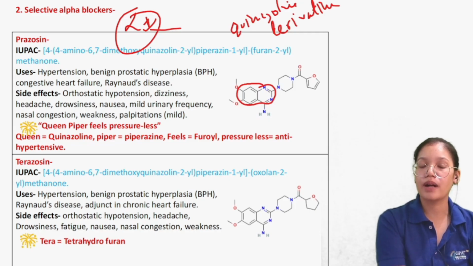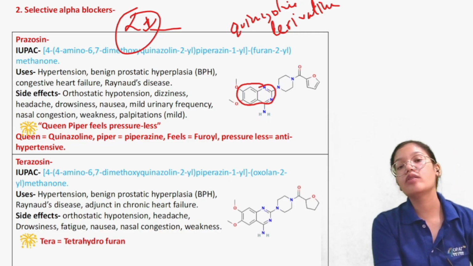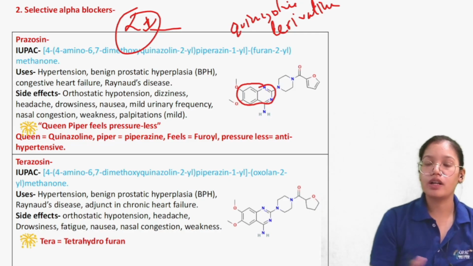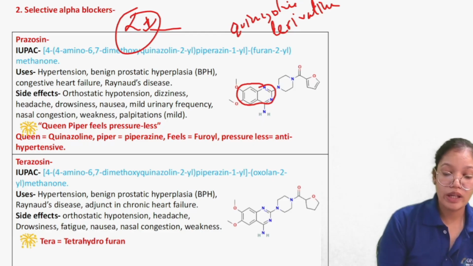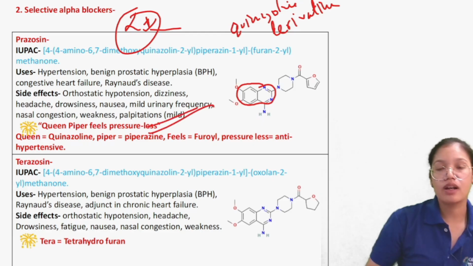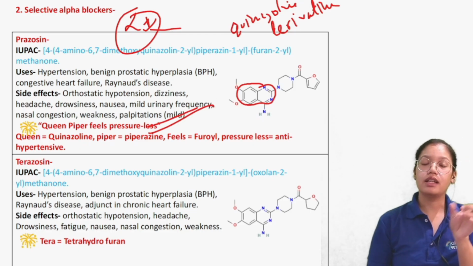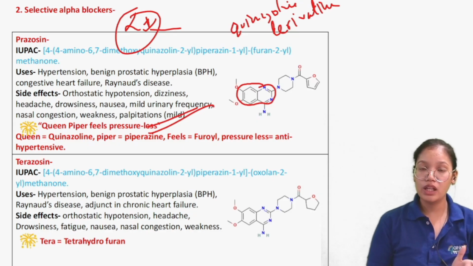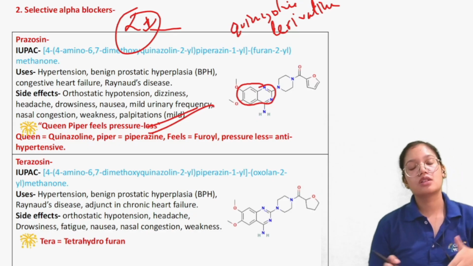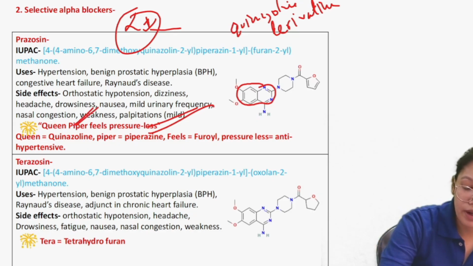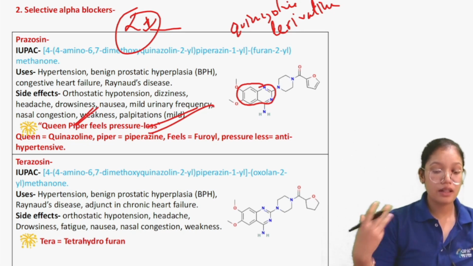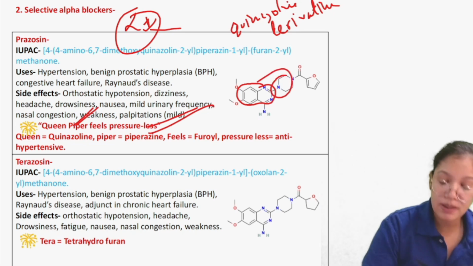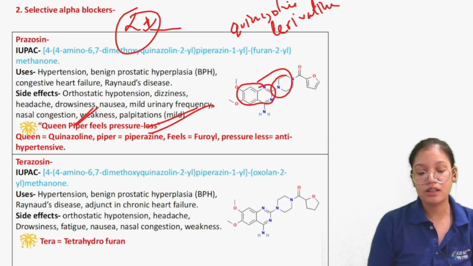That is prazosin. Now how can we remember the structure of prazosin? We have a trick for that: "Queen Piper fields pressure less." That is the thing you have to remember. From "Queen" you can remember quinazoline. From "Piper" you can remember a piperazine ring is there, a heterocycle present here.